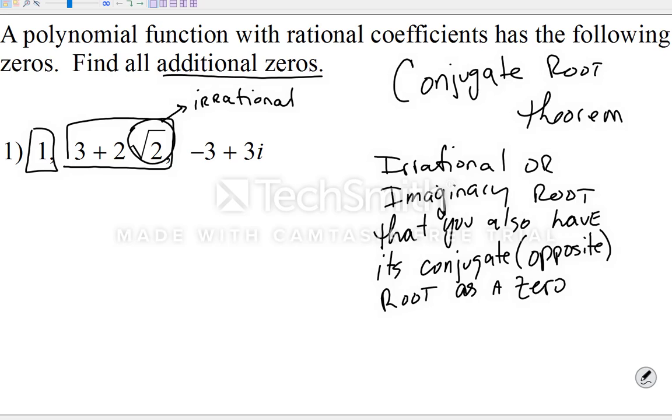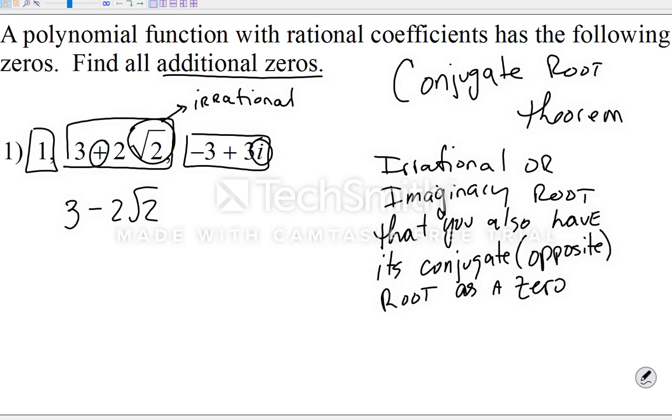And in order to find conjugates, basically what happens is I take the numbers, they're the same, I'm not doing anything with them. All I'm doing is taking the sign in front of the irrational or imaginary part, and I'm just flipping it. Okay, so if this was negative, then this would be positive down here. Since it's positive up top, then it has to be a negative down below. The same thing here.